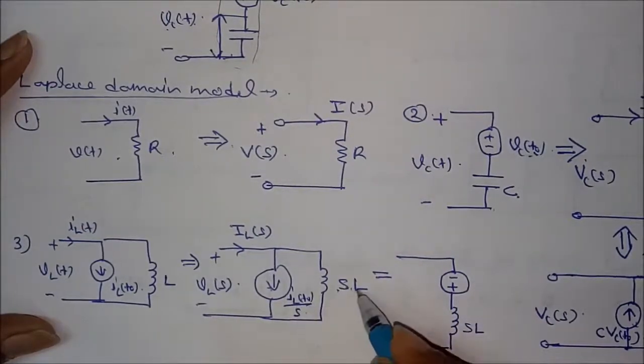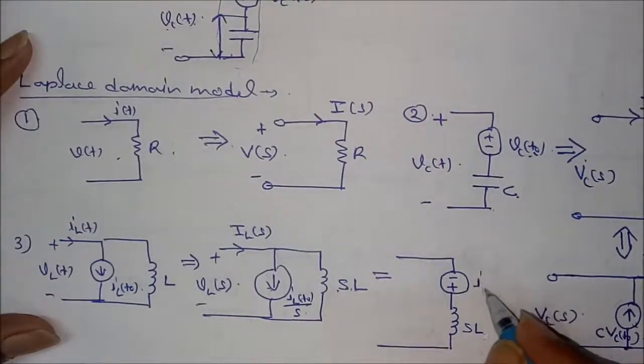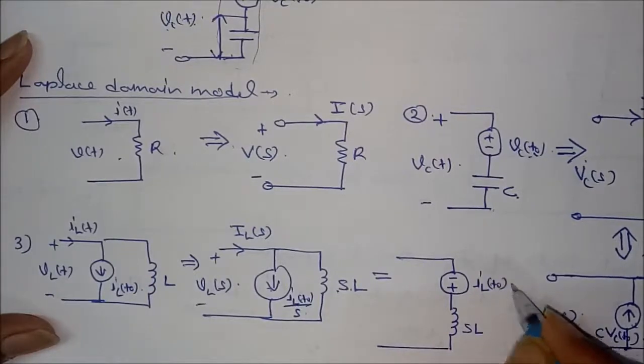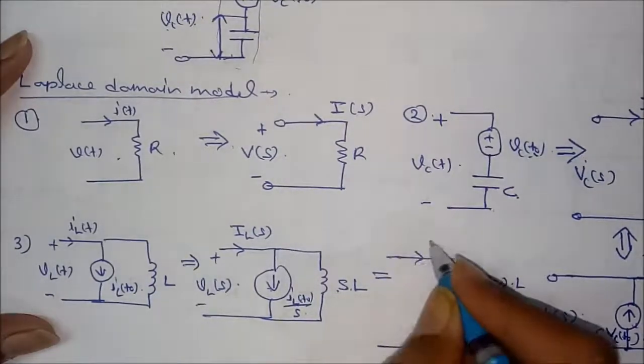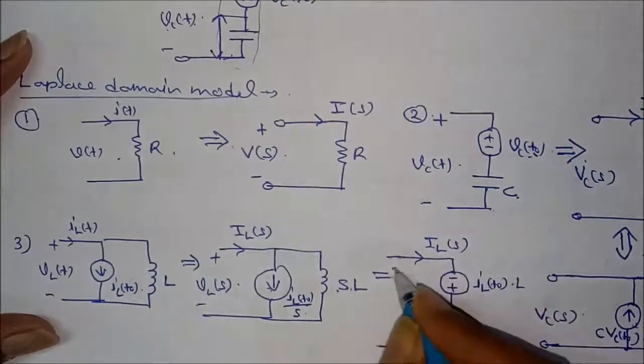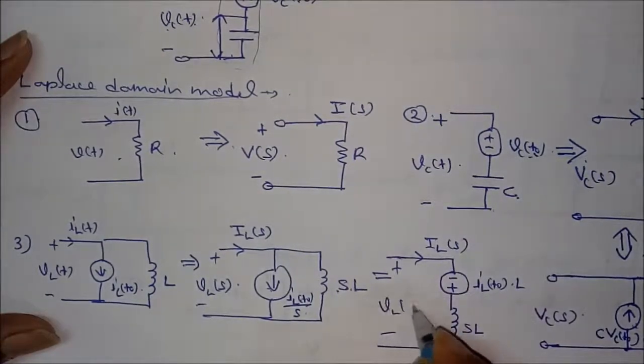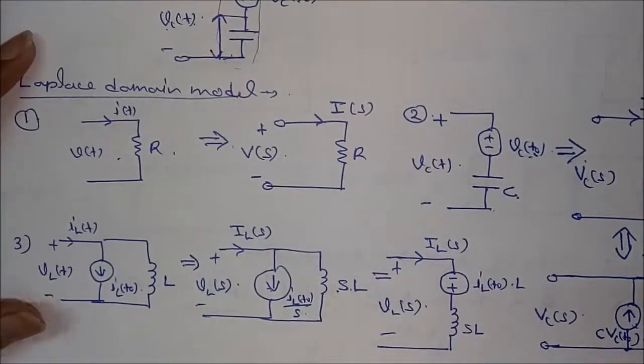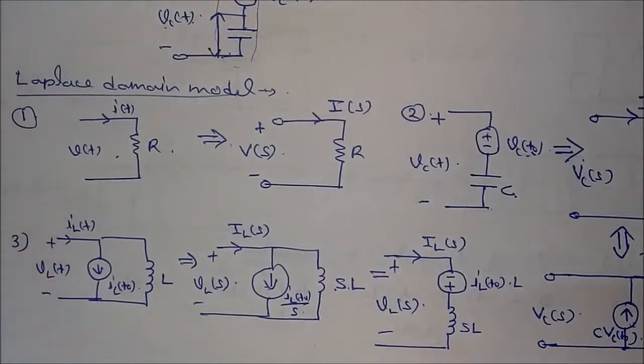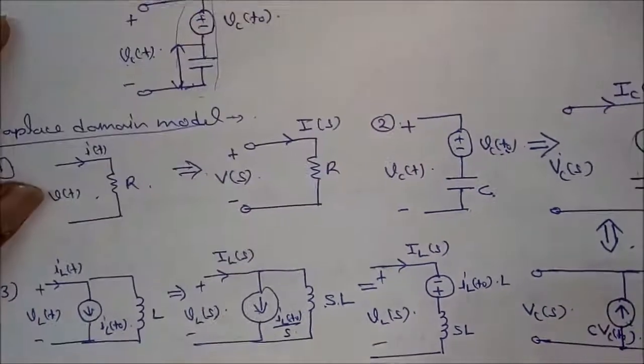Multiplying this by this, I get I_L(t naught) into L, and this is I_L(s), and this one is V_L(s). So these are the equivalent circuit models in the Laplace domain.